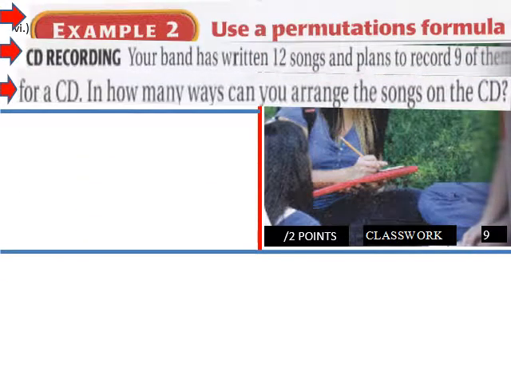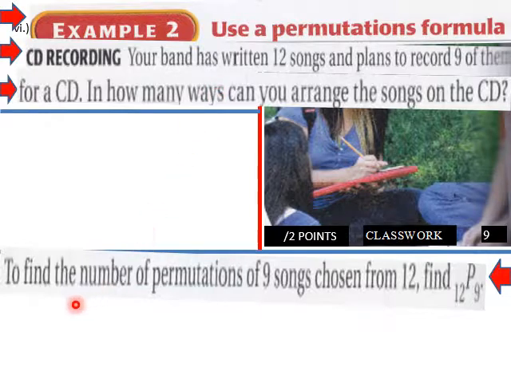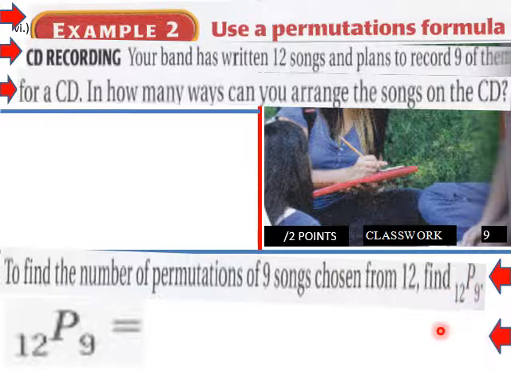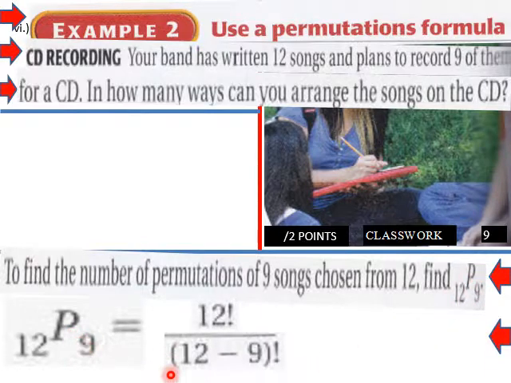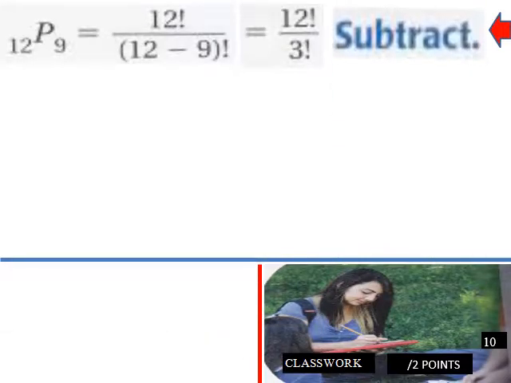Okay, example 2, using the permutations formula. Your band has written 12 songs and plans to record 9 of them for a CD. How many ways can you arrange the songs on the CD? Find the number of permutations of 9 songs chosen from 12. You go 12P9 for that, which is 12 factorial over 12 minus 9 factorial. There's the permutations formula right here. That would be 12 factorial over 3 factorial.